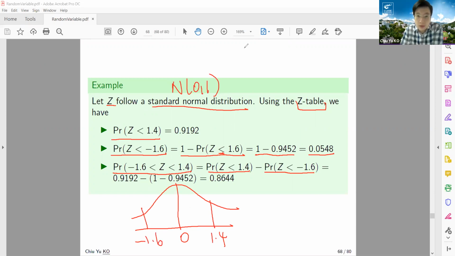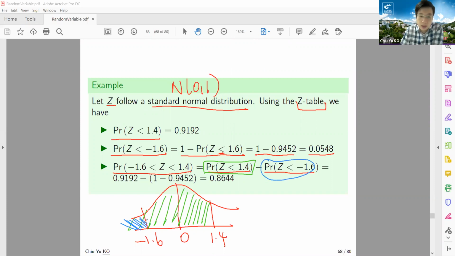So what you're going to do is, suppose this is the green one, okay. The green one you can see from the Z table, okay. This is fine. And then you subtract the blue one, which is this guy.